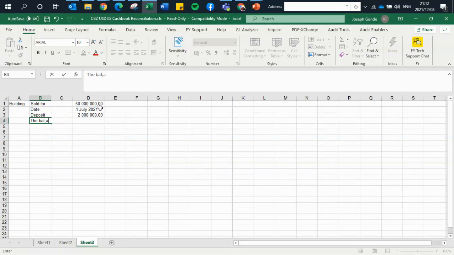The balance payable in 48 equal monthly installments.